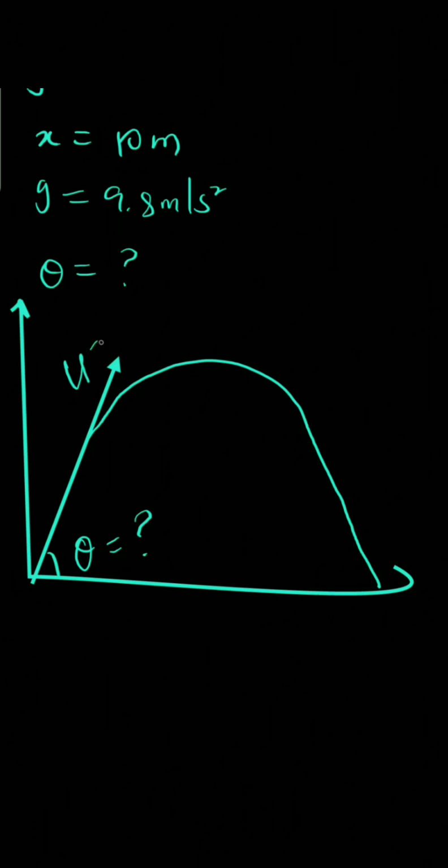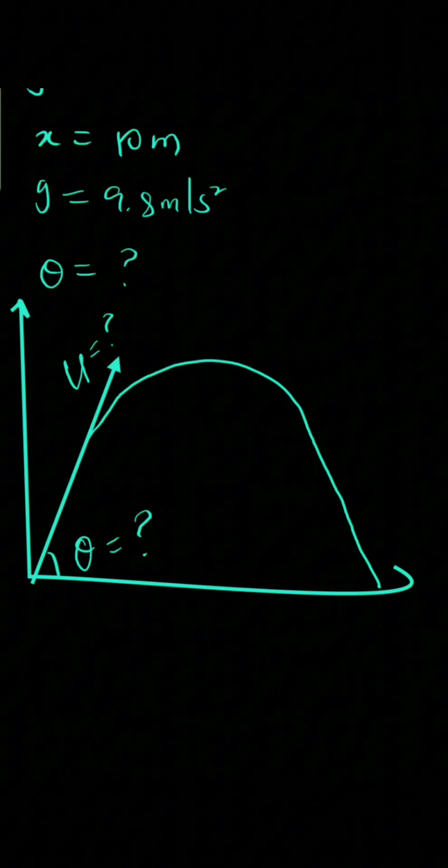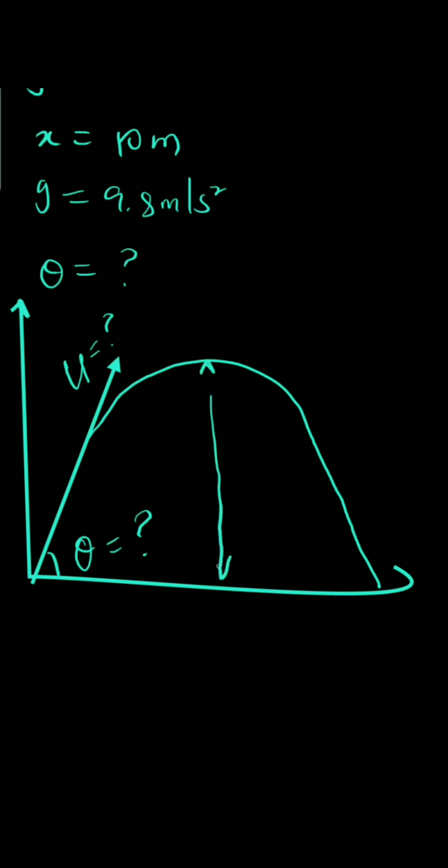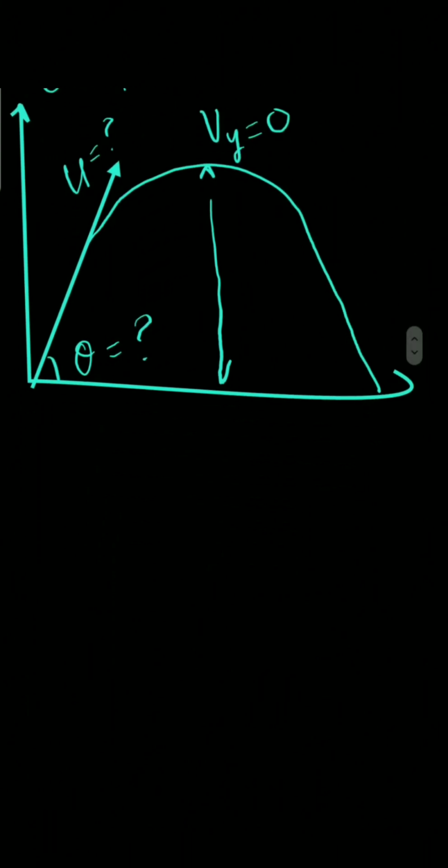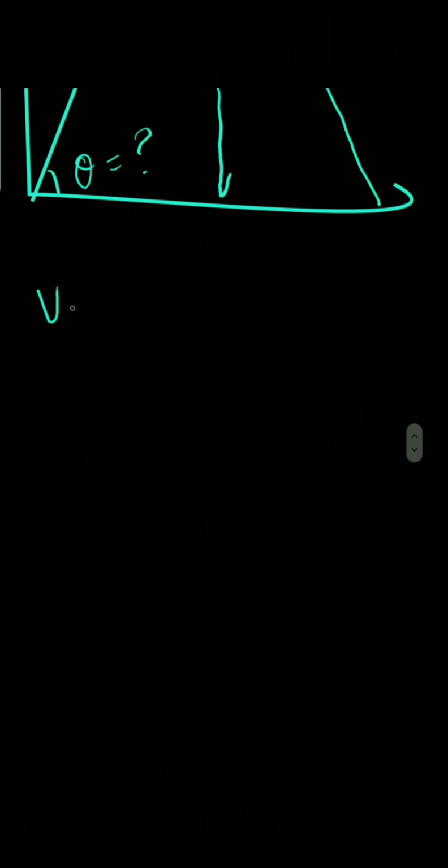Okay, so we'll use the equation of motion that we looked at under kinematics, which is v squared equals u squared plus 2as. Maximum height here is 7.5. At this point v is equal to 0. That's what you know. At the peak v is equal to 0.